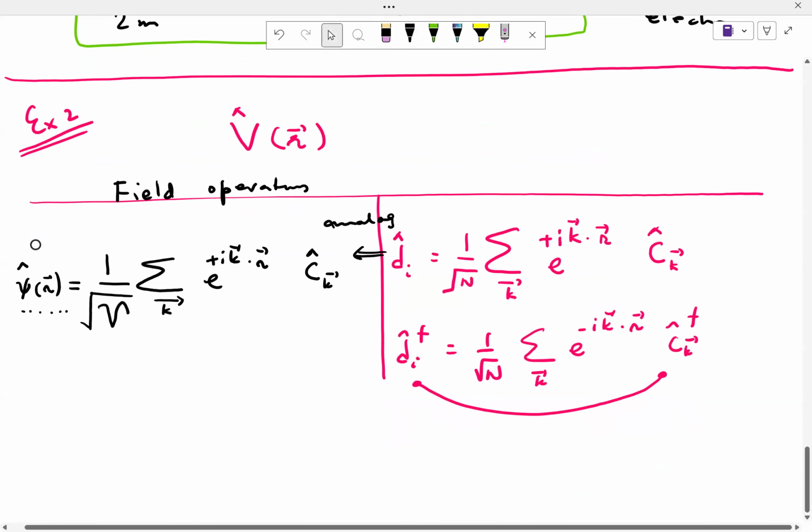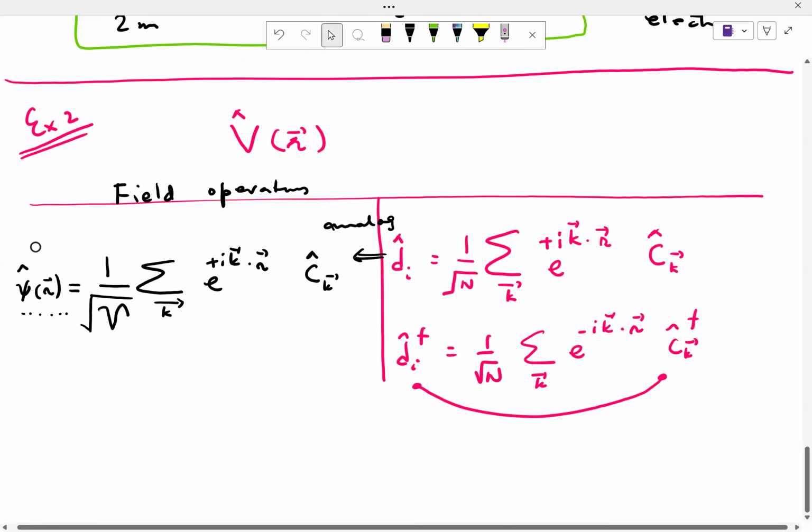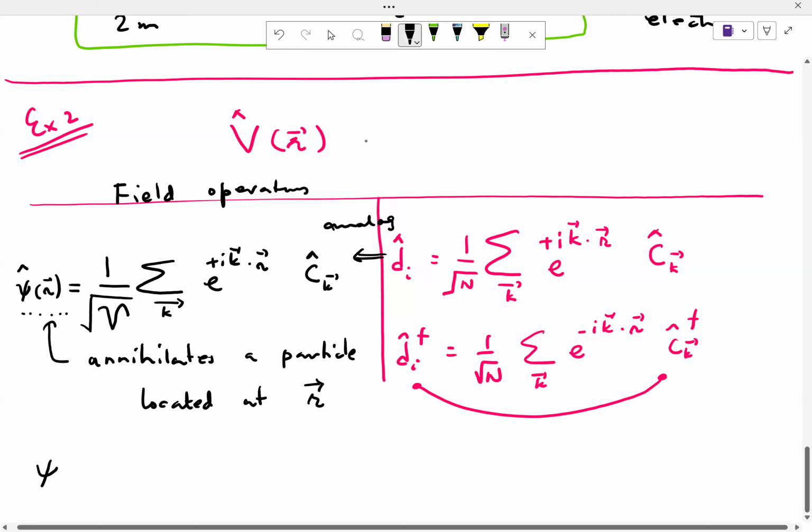So what the field operator does is that this annihilates a particle that is located at the position vector r. Likewise, this field operator creates a particle at the location r.